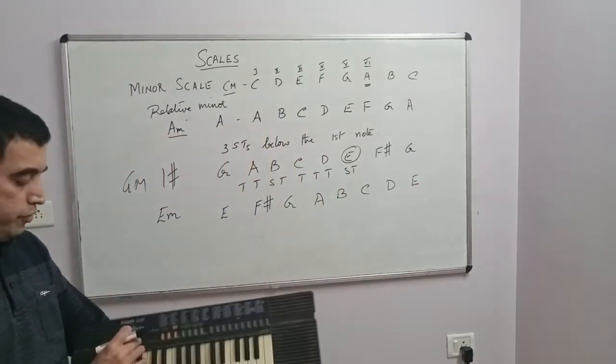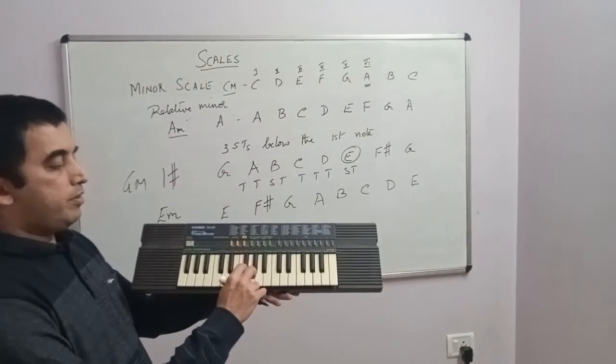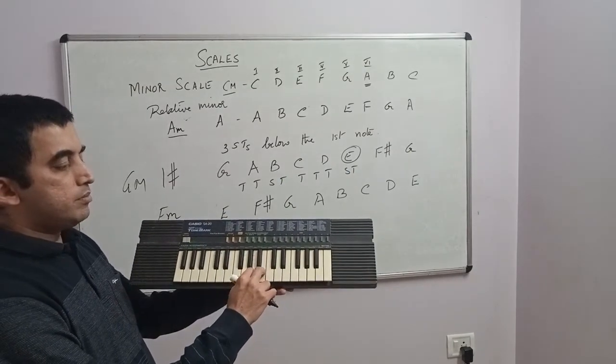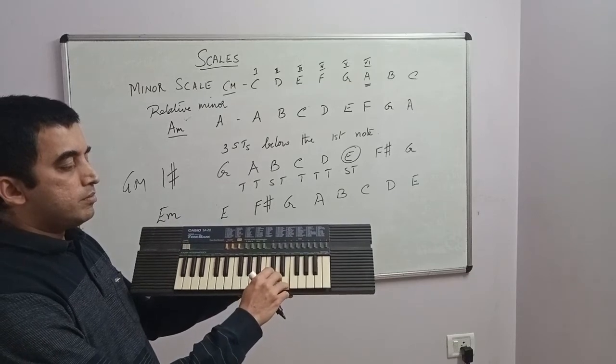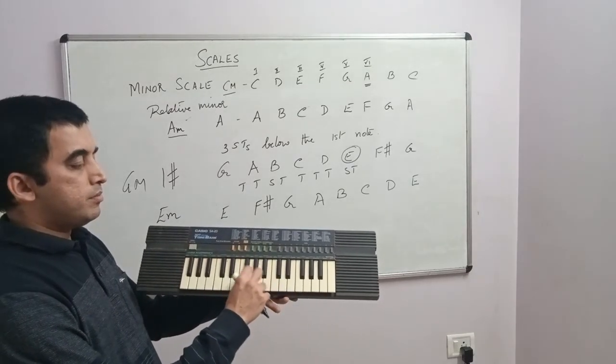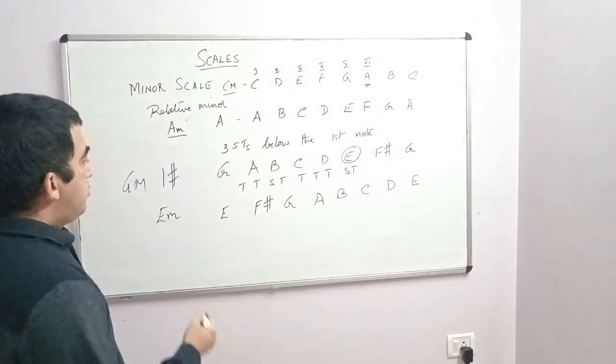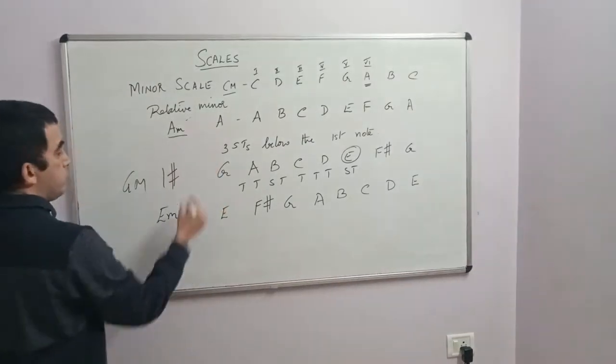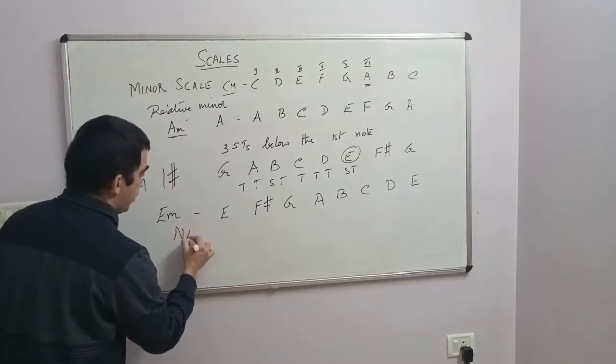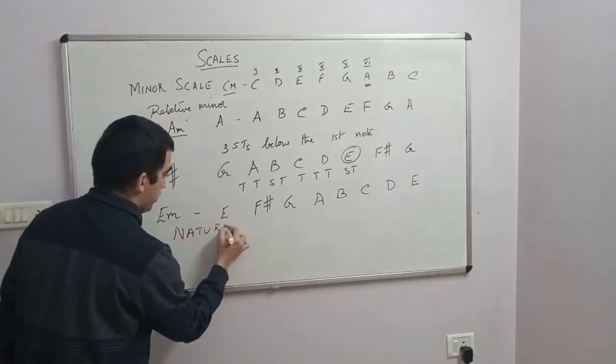Okay? So if you again play E minor, okay, so this will be the E minor. Now you have to remember these two minors are the natural minor scales.